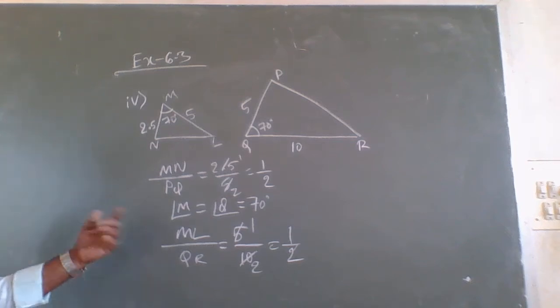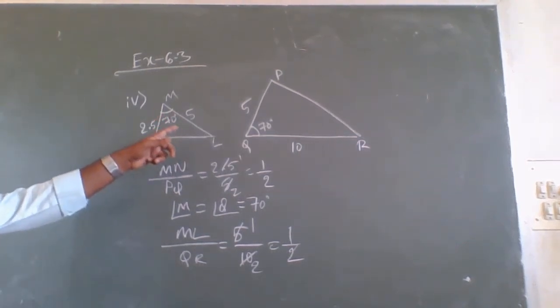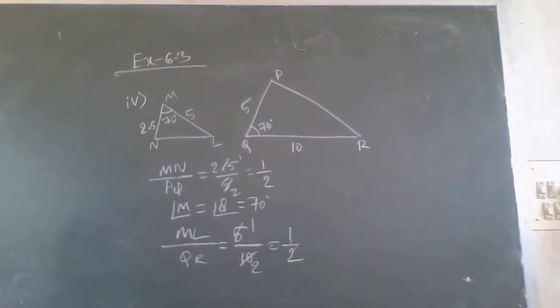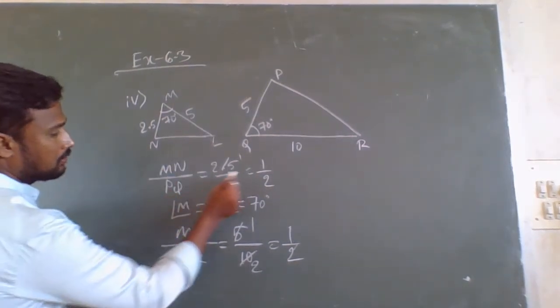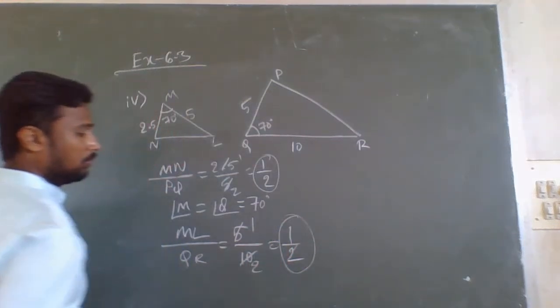Here these two sides are proportional, and one angle, angle M and angle Q, are equal because both the angles are 70 degrees. So now MN by PQ is also 1 by 2 and ML by QR is also 1 by 2.